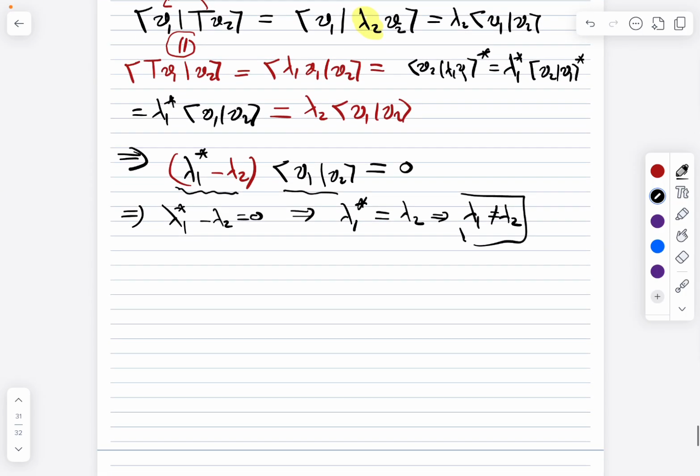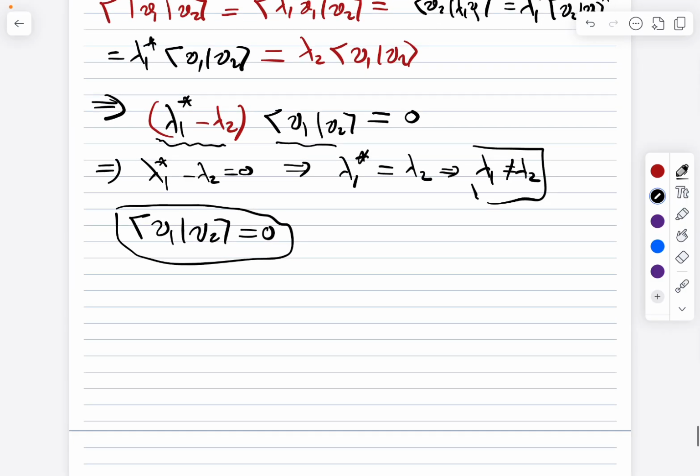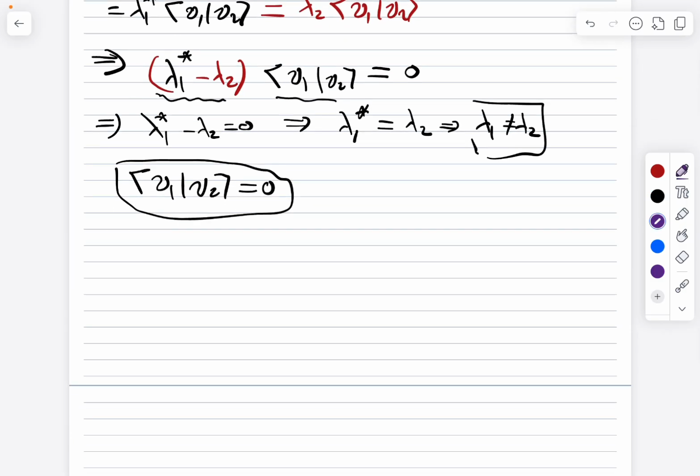So what's the second possibility? It is that the inner product of V1 and V2 is equal to 0, which is what we need. So that means that they are orthogonal. Now what does that mean? That means if we have a set, for example V1 until Vn, if you remember, we faced this a lot.